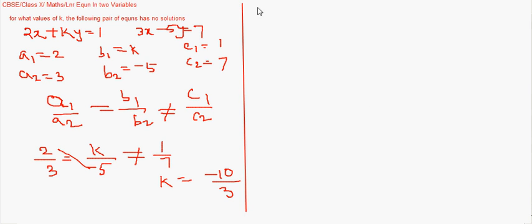The pair of equations given are this one and x by 3 plus 2y. It is not specifying the method to use, so we can use any of the methods. I would like to use the elimination method.